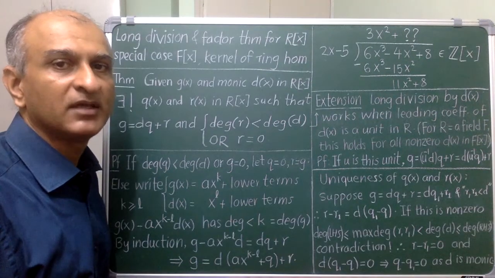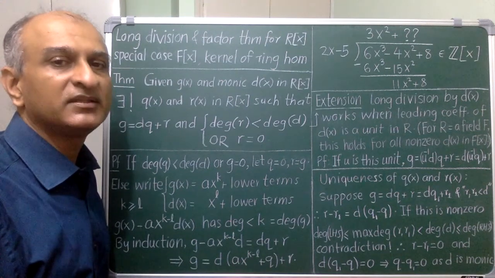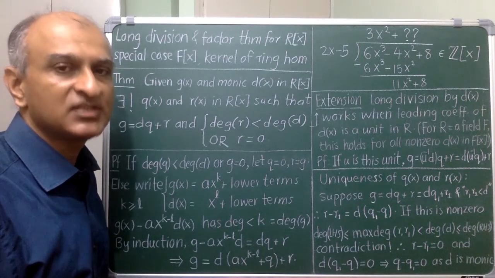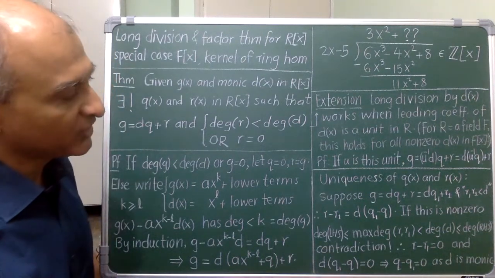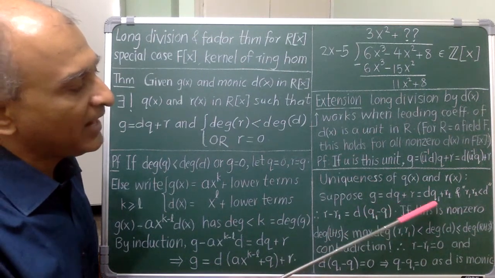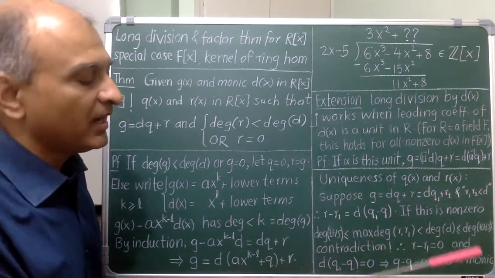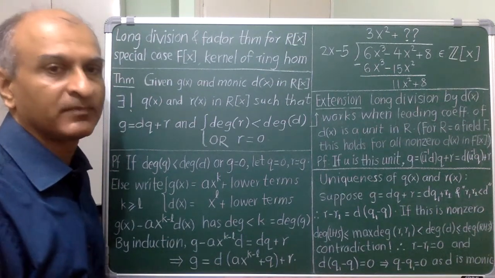A quick comment. While talking about long division, I may have said the quotient, the remainder. So are these unique? And the answer is for polynomial long division, they are. The way one sets up this argument is by assuming two expressions dq plus r and dq1 plus r1 and showing that q must equal q1 and likewise for r.